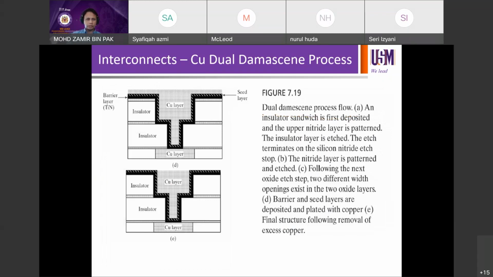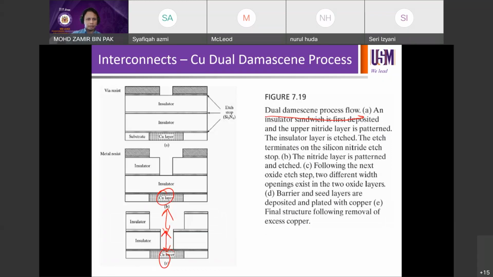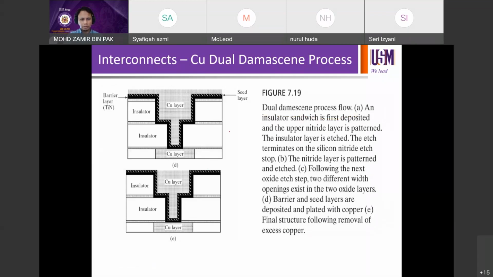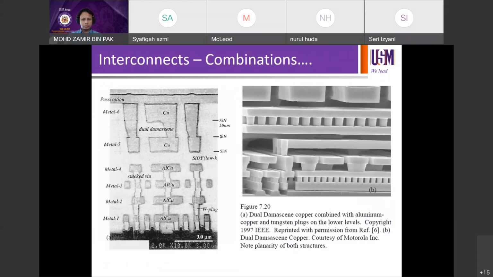Still the same thing. Damascene process with nitride barrier layer, another configuration. So copper is dalam semua copper. Another example. This one is a real life example from SEM cross section.